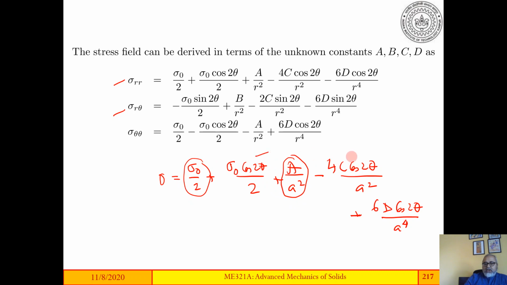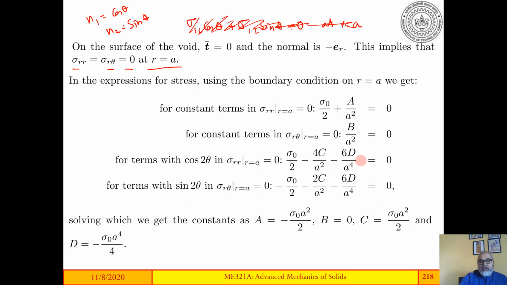Then the cos 2 theta terms are 0. So the first one, sigma RR equal to 0 at R equal to A, leads to this. Sigma R theta at R equal to A leads to this.